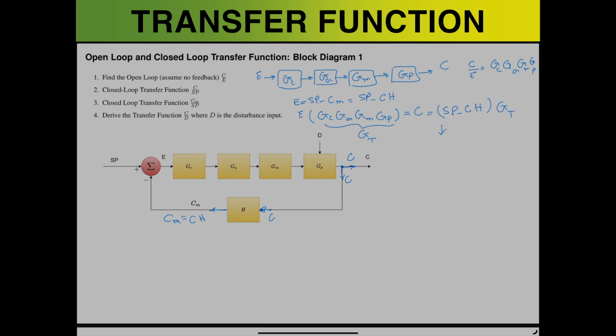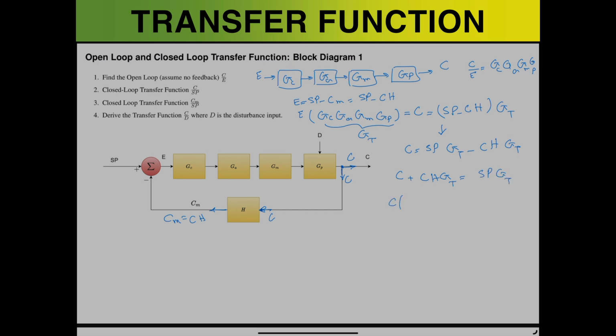Therefore, we can further simplify them so that we can solve for C. And in this case, we can expand the right side, SP times GT minus CH GT. Then C on the left side can be summed up with CHGT on the right side, and that becomes SPGT.